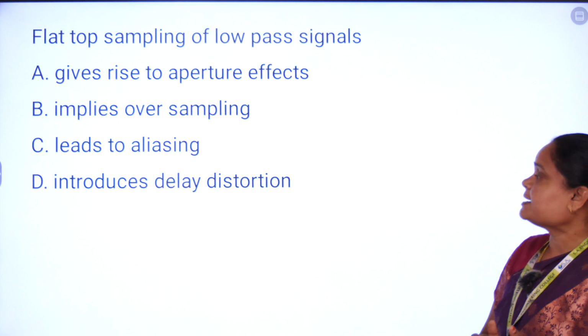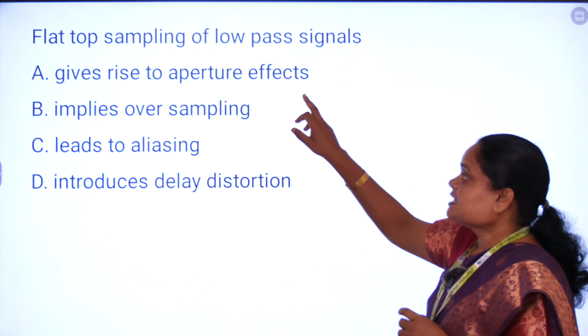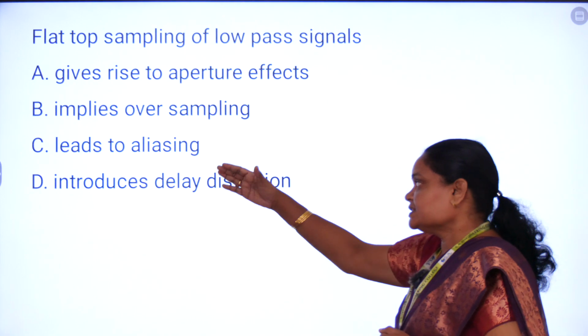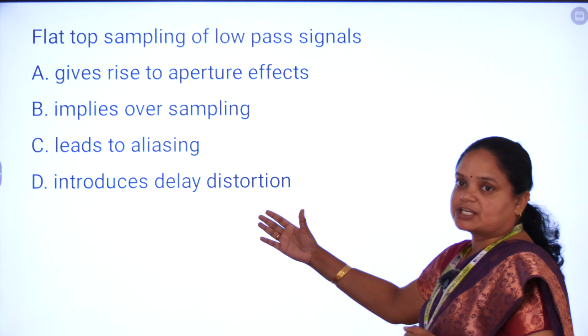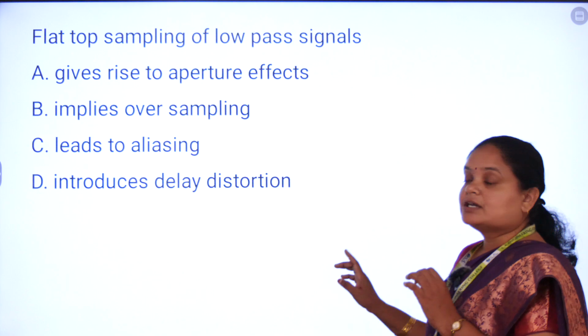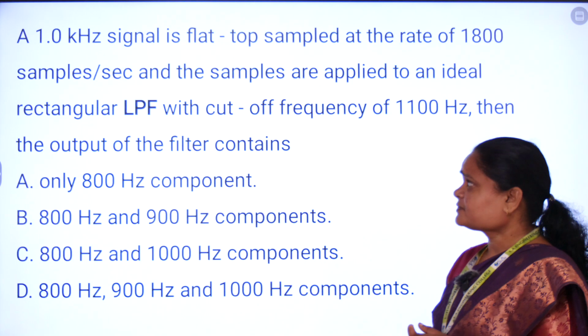And then flat top sampling of low pass signals: gives rise to aperture effects, implies oversampling, leads to aliasing, introduces relay distortion. Among these, gives rise to aperture effects is the correct option.